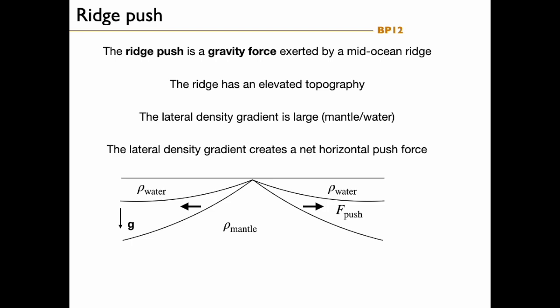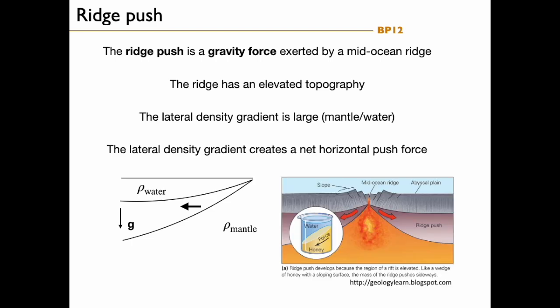So how to envision that? You can think of a glass with honey and water. Honey is denser, so it's sitting at the bottom. If you tilt the glass to mimic the rise of the mantle at the mid-ocean ridge, and you put the glass back on the table in a flat position, there will be a force that restores the honey back, which pushes the honey back to a horizontal position.